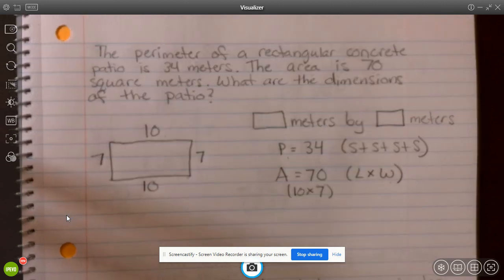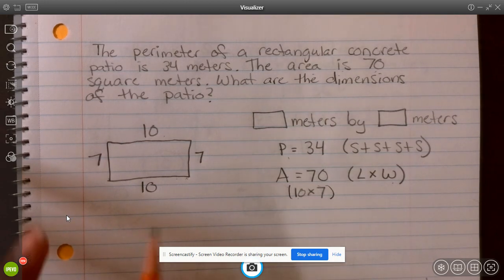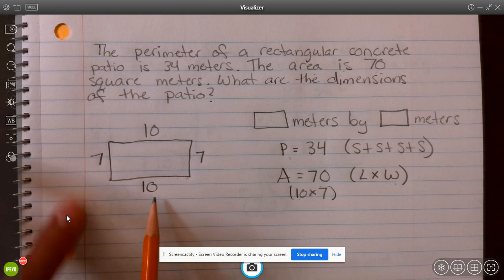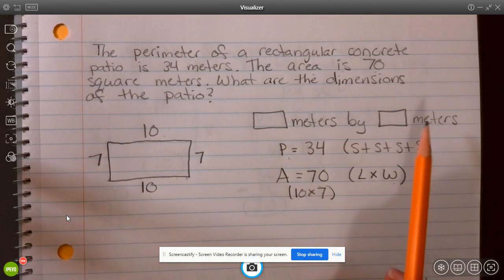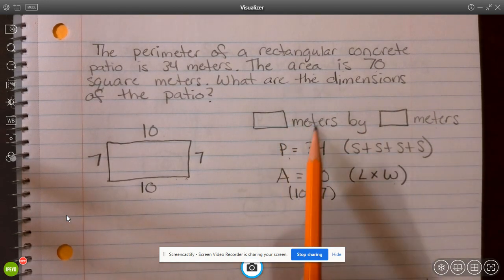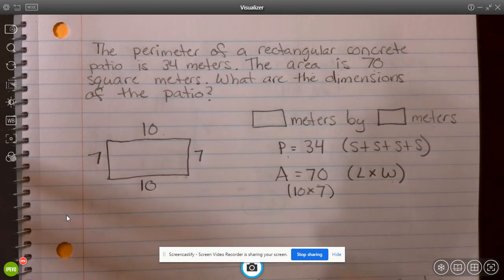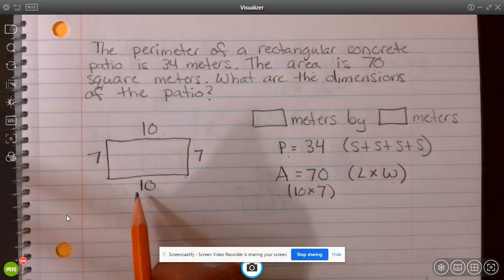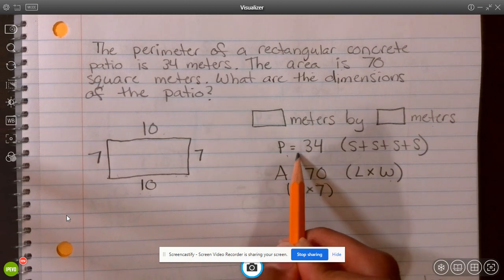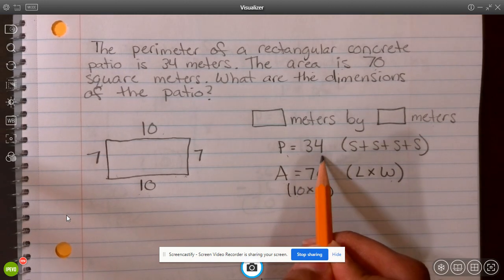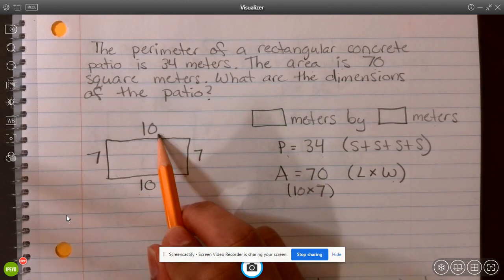Now to verify that these are correct, we have to add all these numbers together to make sure they equal our perimeter, which is 34. So 10 plus 10 is 20.